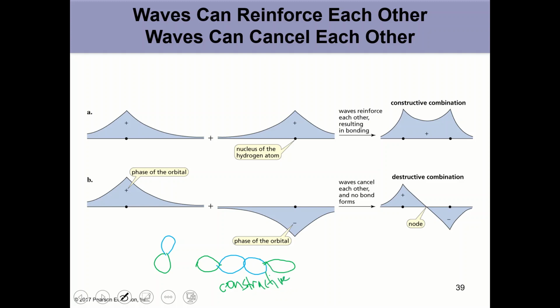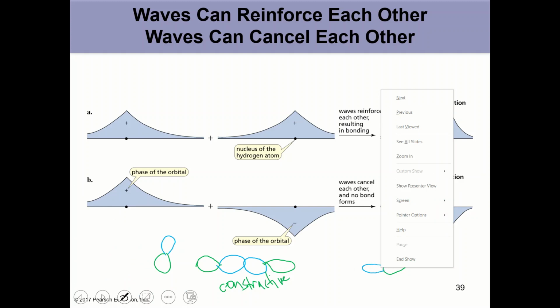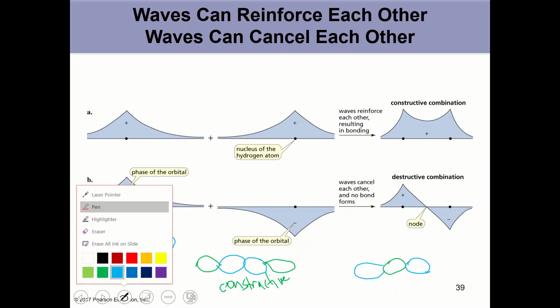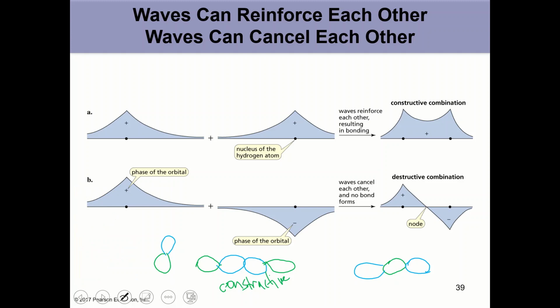If you have the opposite, if you have green to blue overlap, then that is a destructive combination and bonding cannot occur.